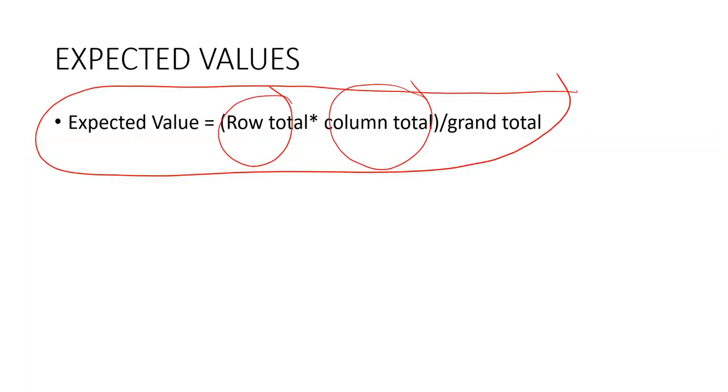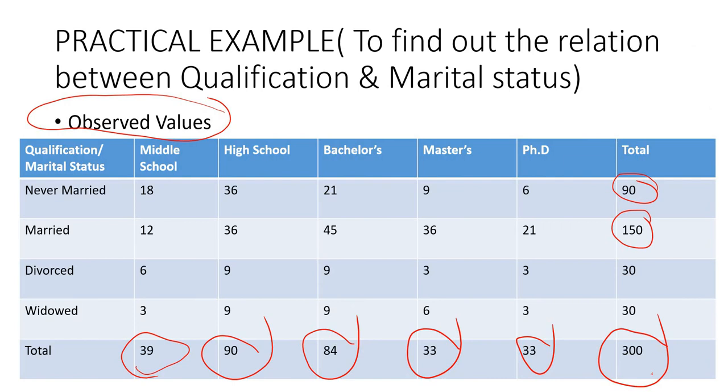I will show you the table here. This is the first value, the observed value. Marital status is never married, and the qualification is middle school. For that data we have the value 18. So that is the observed value. What is the expected value for that?